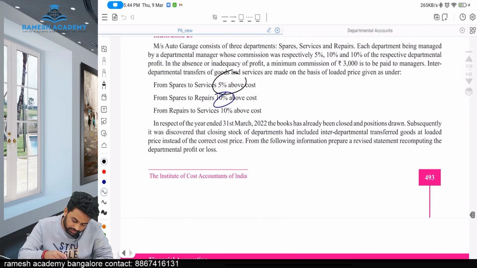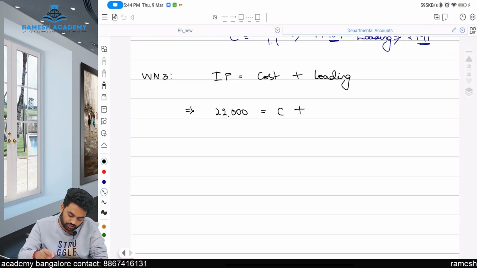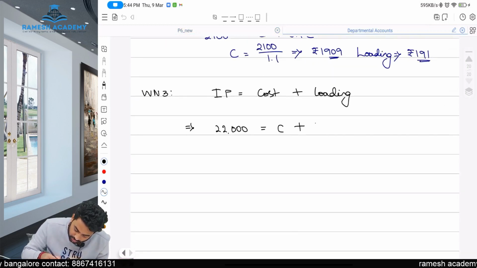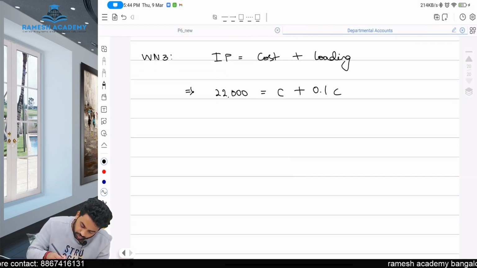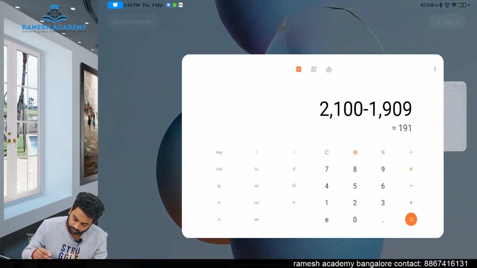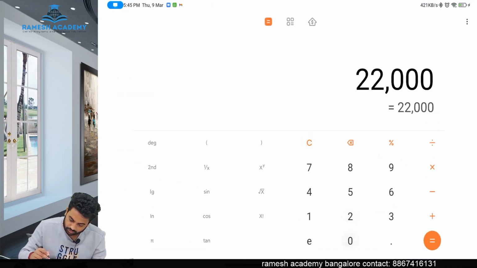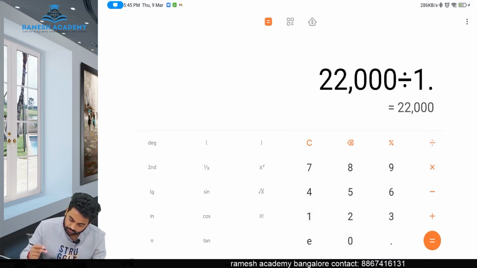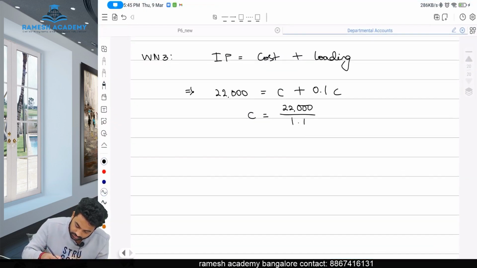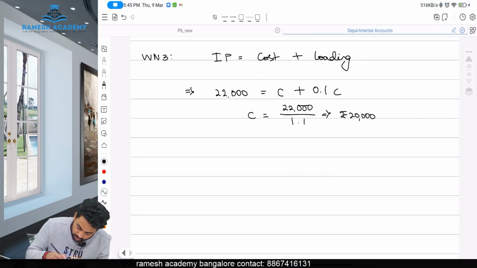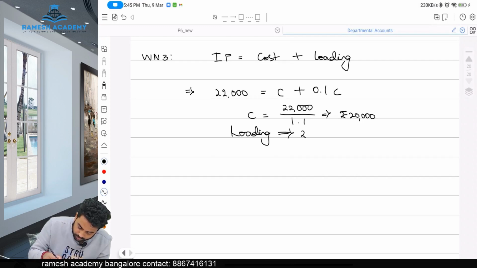Repairs to service it is 10%, that is 0.1 C. So C is equal to 22,000 divided by 1.1, which is 20,000. So loading is rupees 2,000.